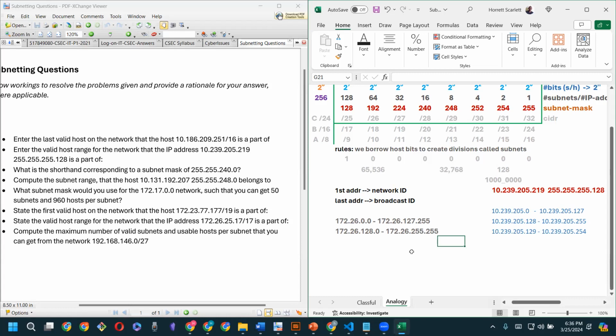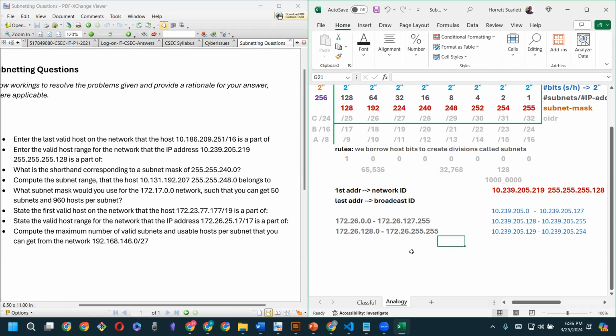All right, so now the question was, we need to state the valid host range. But we also want to know which range this IP address we're looking at, 172.26.25.17, would fall into.